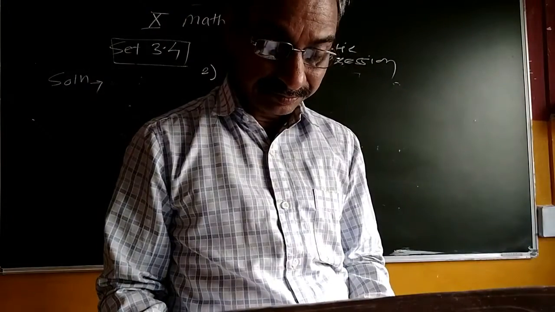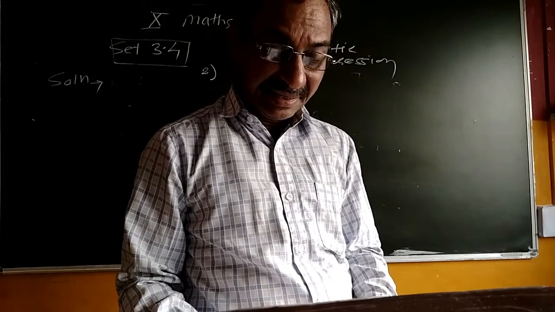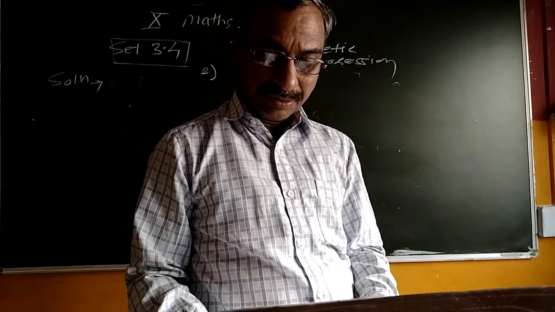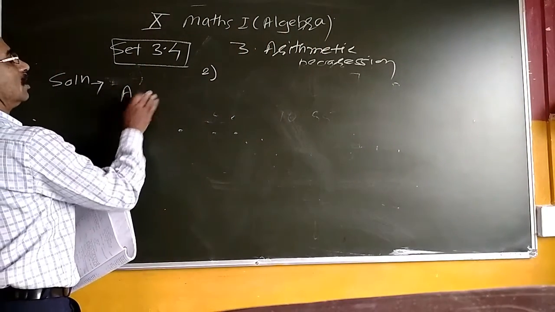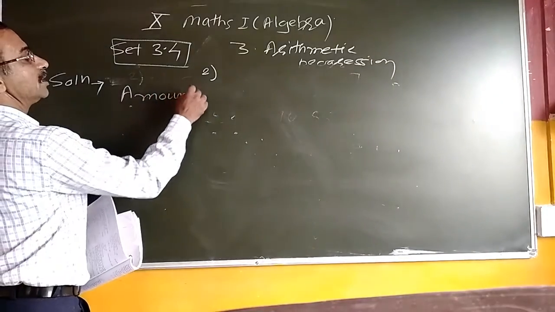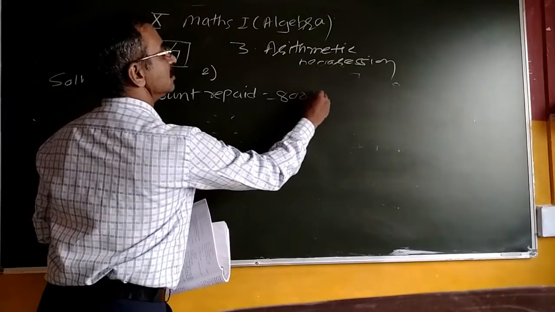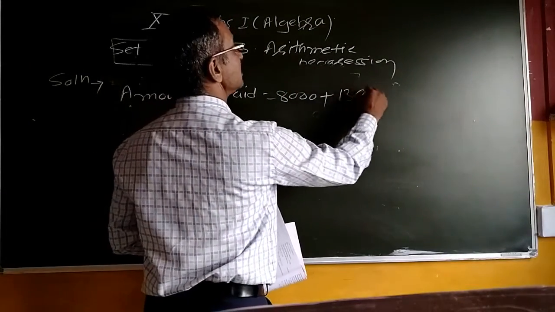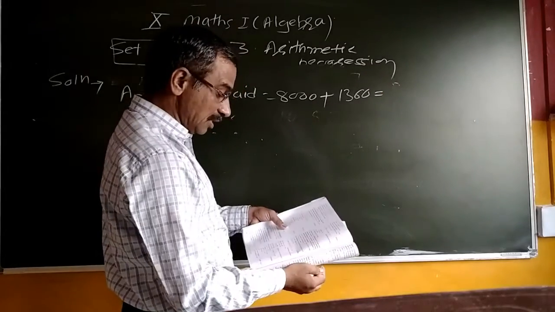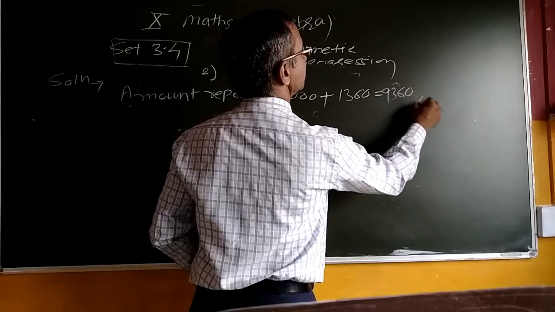He repaid the amount 8,000 and the interest. So the total amount is the addition of both. So amount repaid, he has taken 8,000 rupees and is giving interest of 1,360. So the total is what? 9,360.